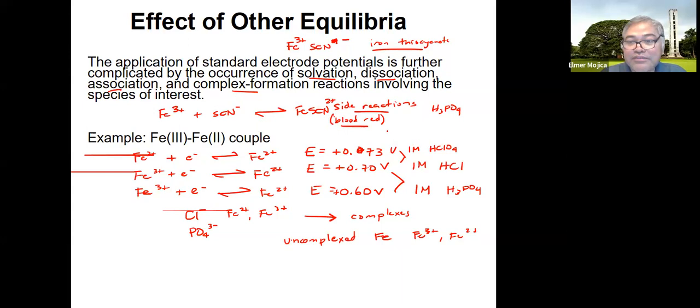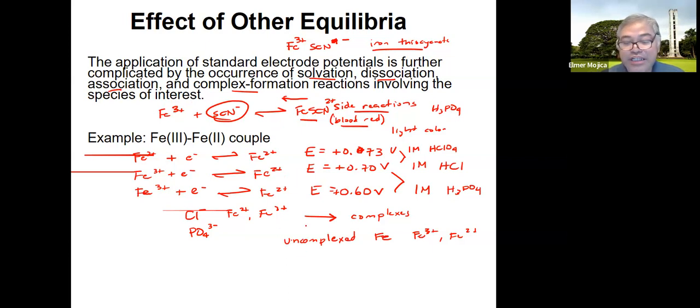What happens is it is either light color or colorless, because the phosphate will compete with the SCN. So there is no FeSCN forming. What is favored is the backward reaction, because the Fe3+ is being utilized by the phosphate.